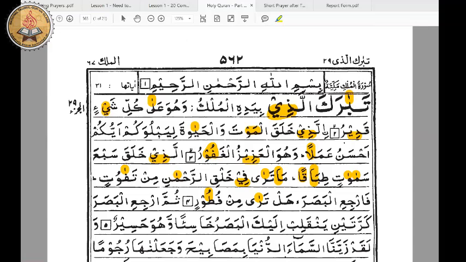These are all places where you would have to apply 2 seconds to that letter. For example, this one is yellow on top of a ba, and that would mean that you would prolong this for 2 seconds. Tabarakalladhi. And all the ones that haven't been highlighted are the ones that you should only prolong for 1 second. For example, this ba is only for 1 second because it's just a simple kasra.